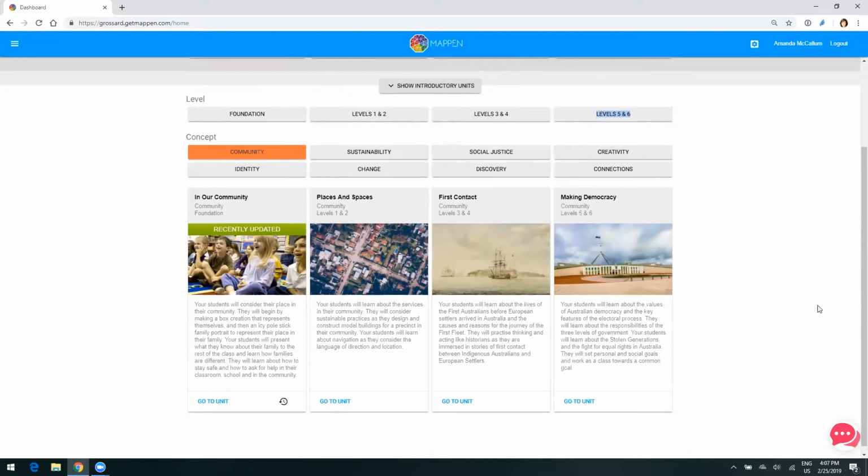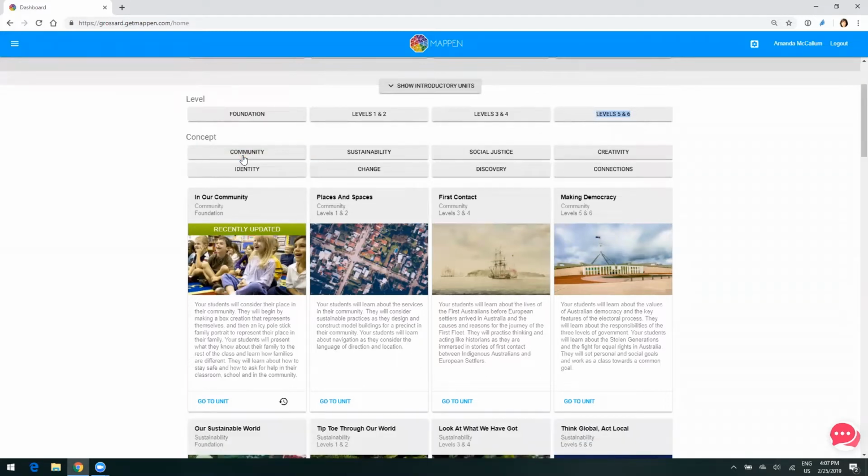So if you are, for example, a 3-4 teacher, and you would like to have a basic idea of what's happening in the rest of the school, a very brief read of this little overview of the unit will tell you what's happening right throughout the school. I'll unclick community and we're back to the entire page. That's how we're going to navigate our way around the units.